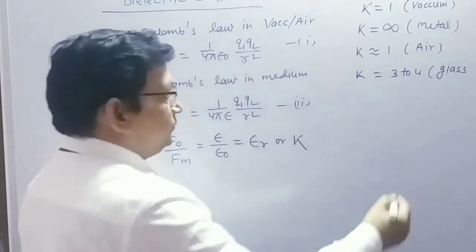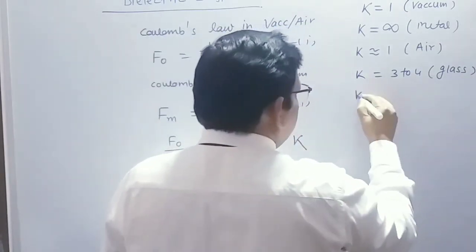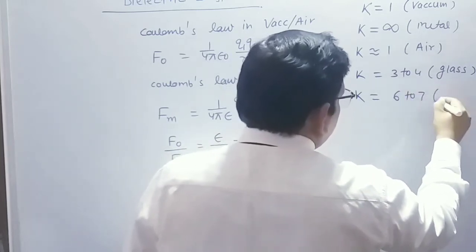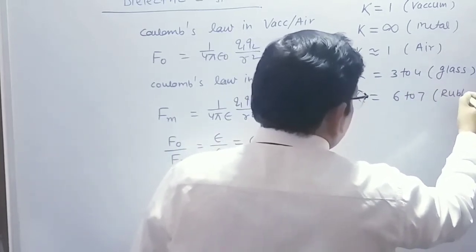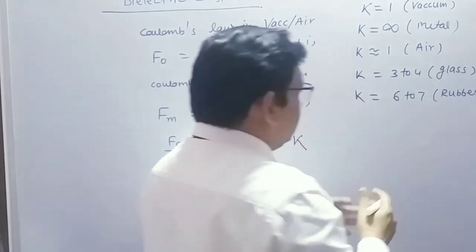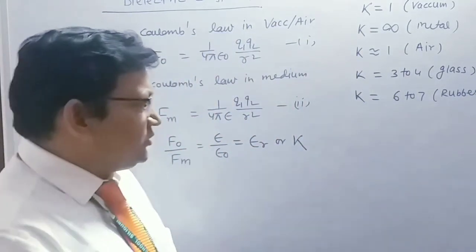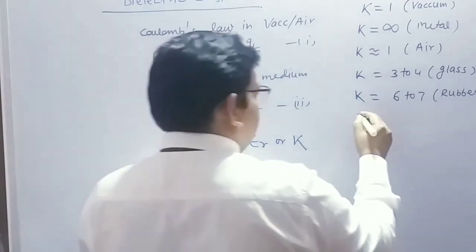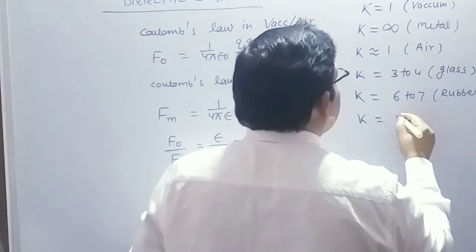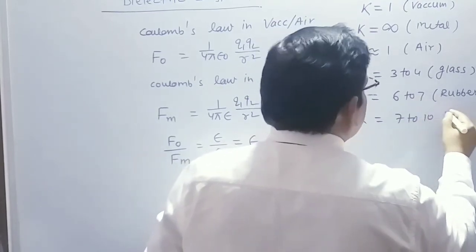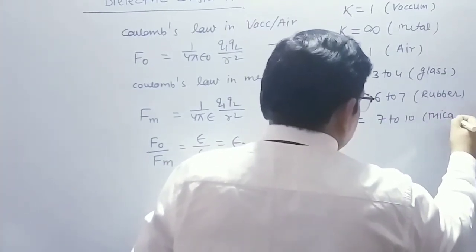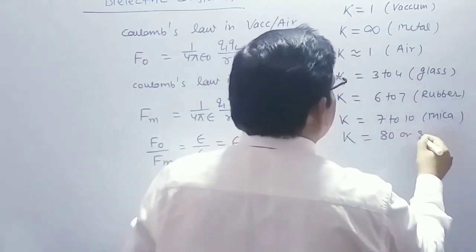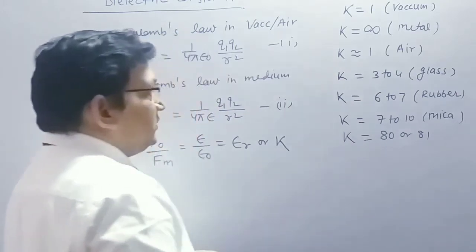The value of K is 6 to 7 for rubber, actually nearly 6.7, but we can take 6 to 7. You can also remember 7 to 10 for mica sheet, and for water it is 80 or 81. So these are the values for some media.